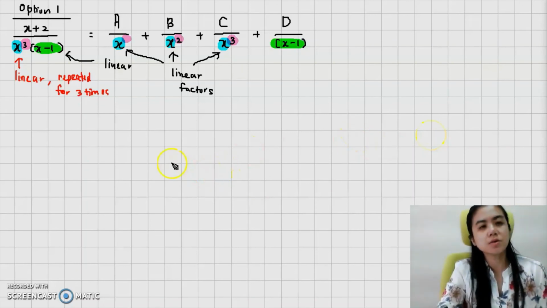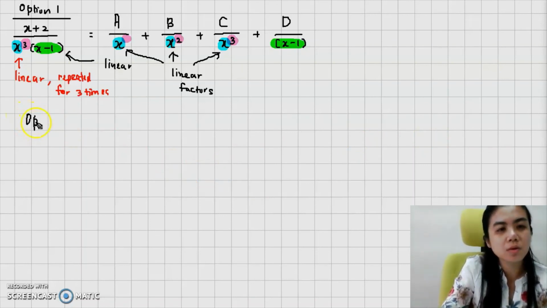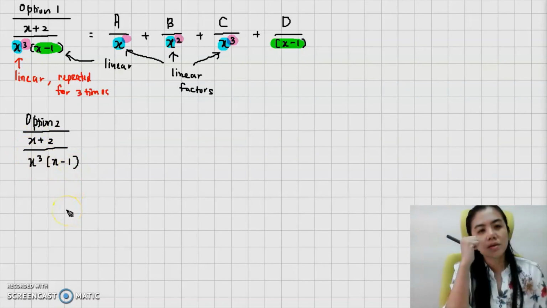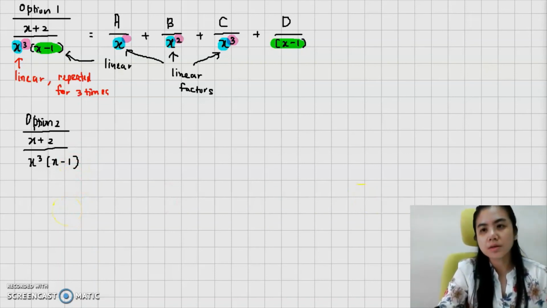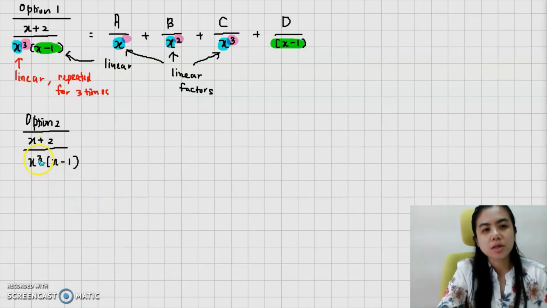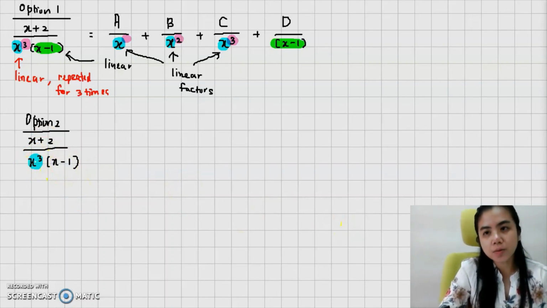Okay, so let's just look at option 2. Instead of considering the x power 3 as linear, we consider the x power 3 as cubic directly.